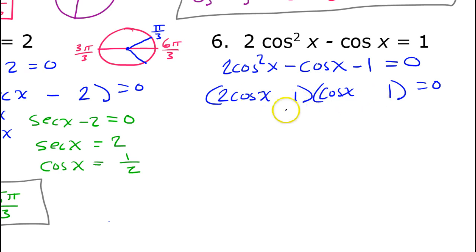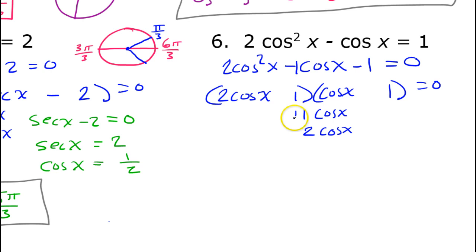Now I do inner plus outer equals middle. Inner, I have 1 cosine x. Outer, I have 2 cosine x. That must equal the middle, where I have negative 1.